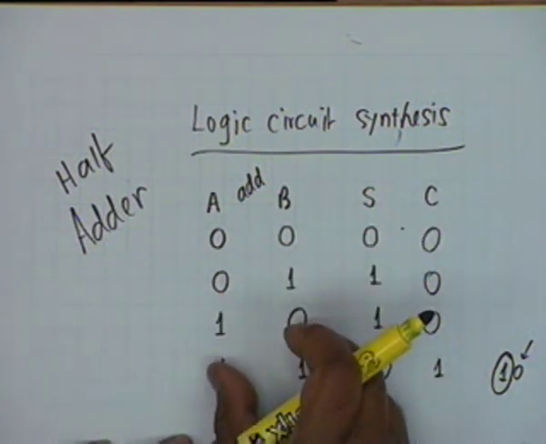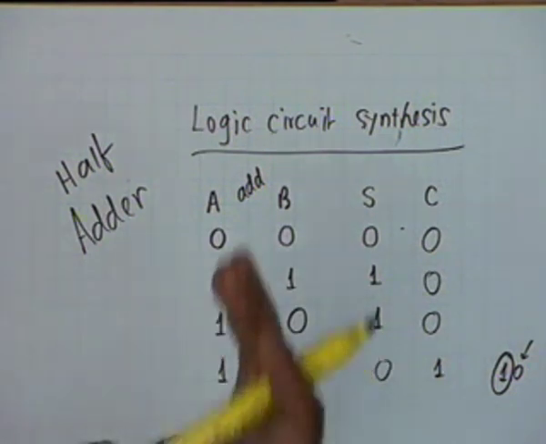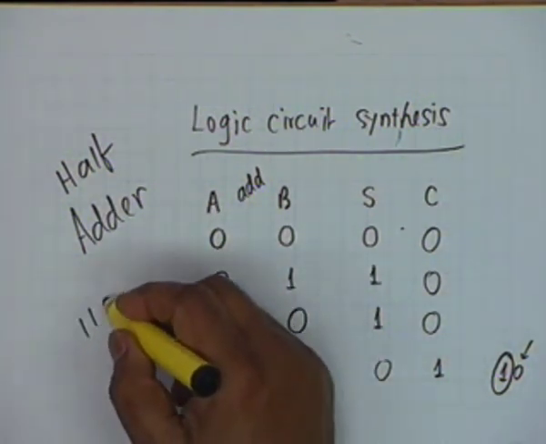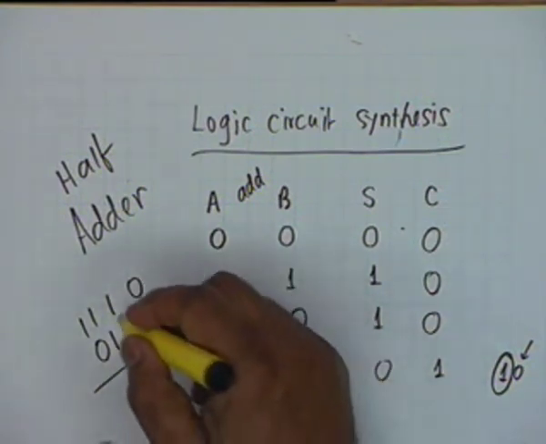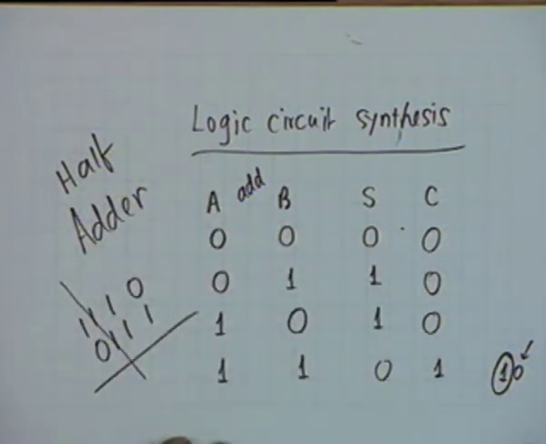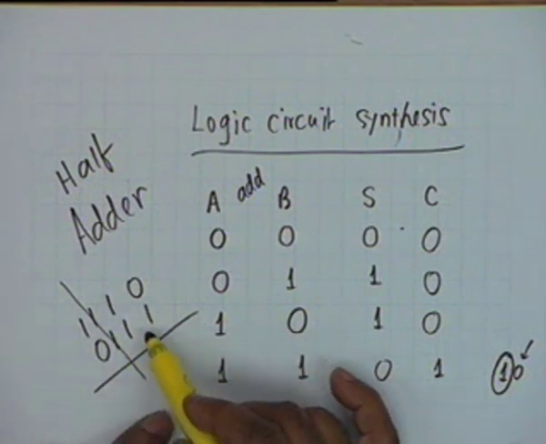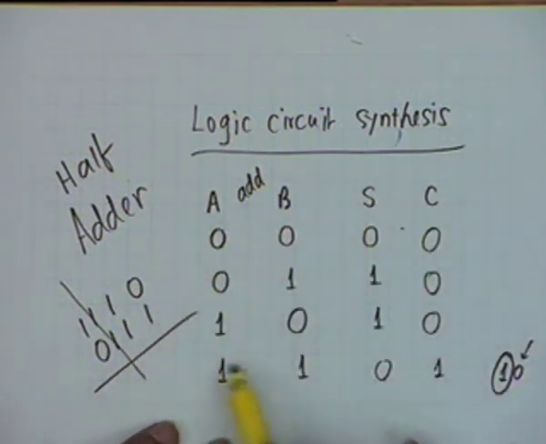This addition may be at a certain place in the addition. For example, 1 1 1 0 0 1 1 1. Now, if I add these two, I get a sum of 0 and a carry of 1, but the carry of the previous addition is not taken care of.